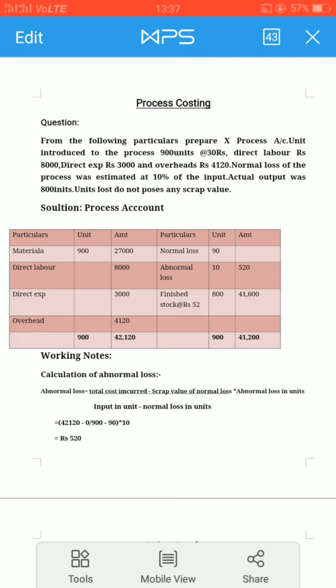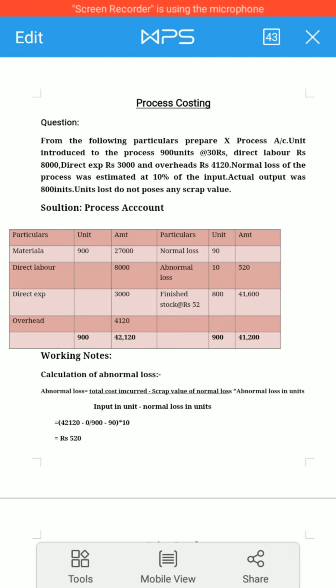The third item is direct expense 3,000 and overhead expense 4,120. That's all with the debit side. Calculating the total, 900 units on the debit side and the amount is 42,120.